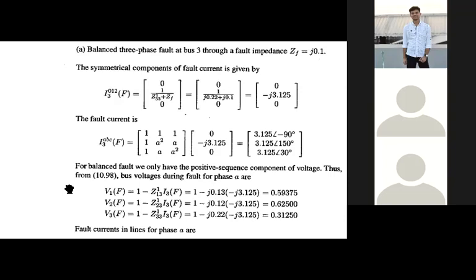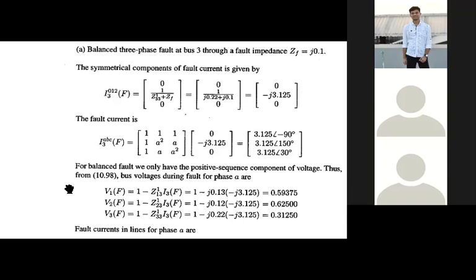Fault current in a line means you have 3 line possibilities between different buses. As you have 3 buses, they are interconnected by lines, right? What about the line current information during fault? Because line current will not be the same as in the normal situation, right? Due to the fault path, your regular current will be deviated.